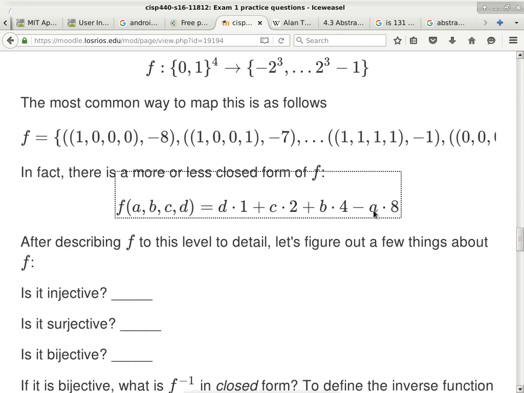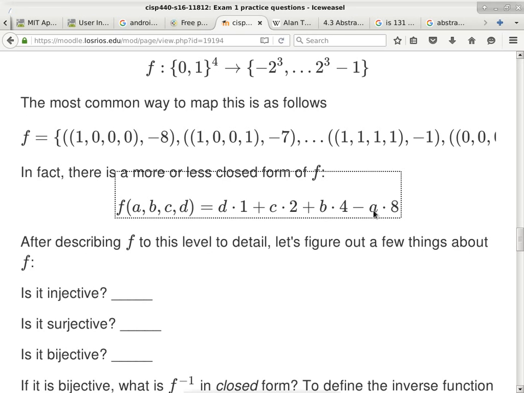So because D is a 0, there's a 0 for the first item. So we have a first 0, and then we have C is a 1, so we have a 2. The other one is a 0, and then the last one, which is this guy here, this is A. A is a 1, so we have a -8 here. So when you add up all these numbers, we end up with -6.